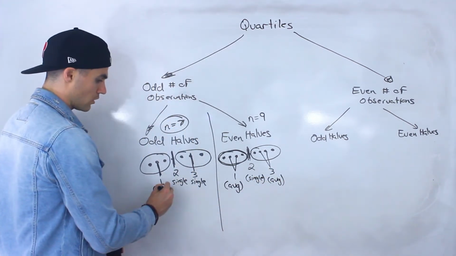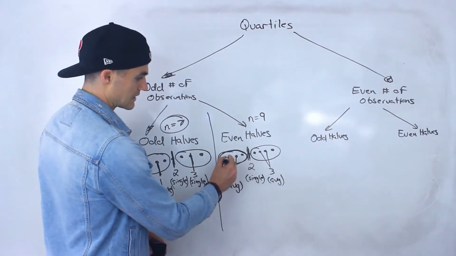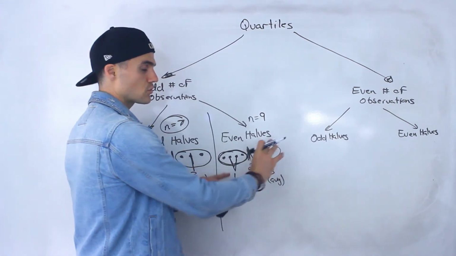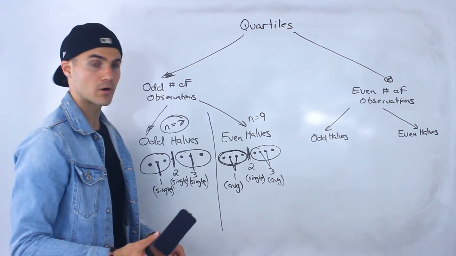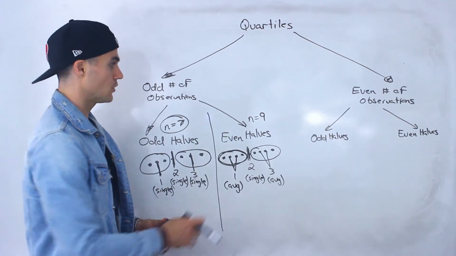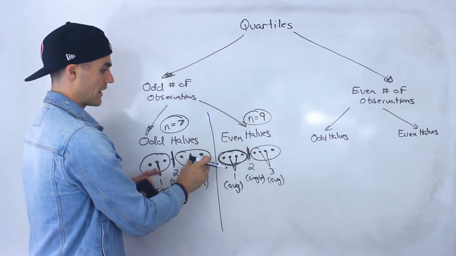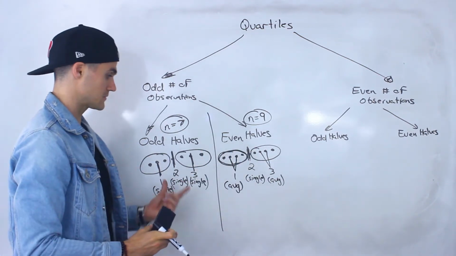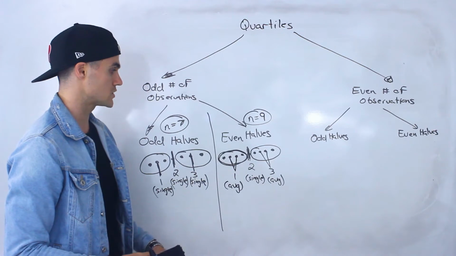So in the previous case, all of them were just single values. In this case, to get that first quartile and that third quartile, you're going to have to take an average because each of those halves now is going to have an even number of observations. So notice how you can have an odd number of observations, but after you take out that median, those remaining halves can sometimes have an odd number of observations or an even number of observations.